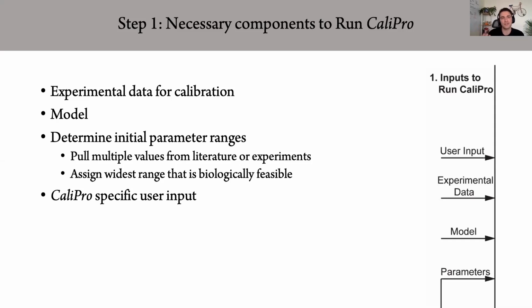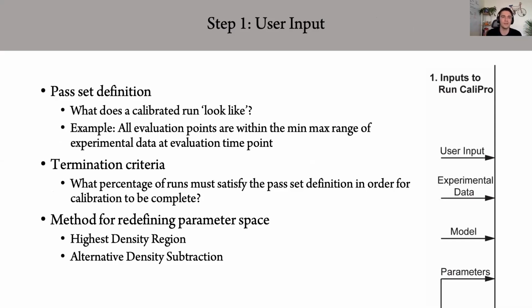Okay, so once you have those 3 things, you also need to supply some CaliPro-specific user input. This is where the modeler really comes in and starts to put on paper what they want to see from calibration. The first way they do that is through defining what we call the pass set definition. Quite simply, this is: what does a calibrated run look like?